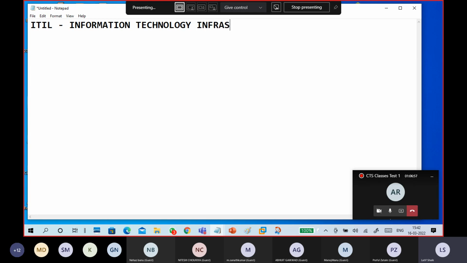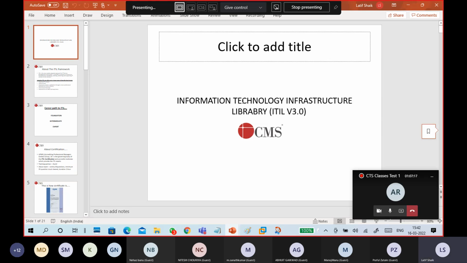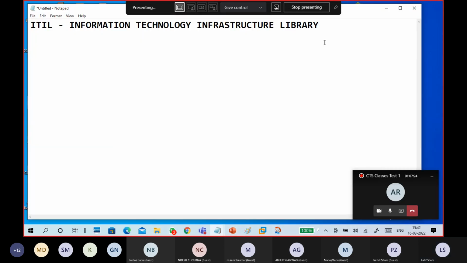The other I means infrastructure library. What is ITIL? Information Technology Infrastructure Library. So this is my ITIL.